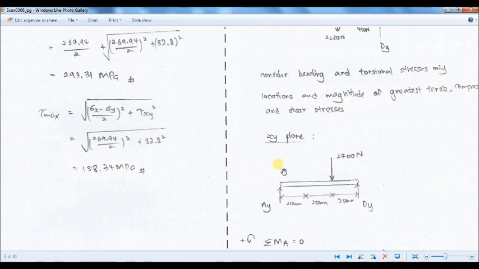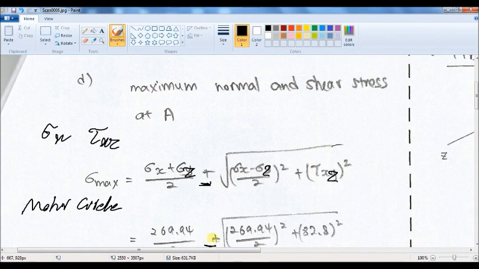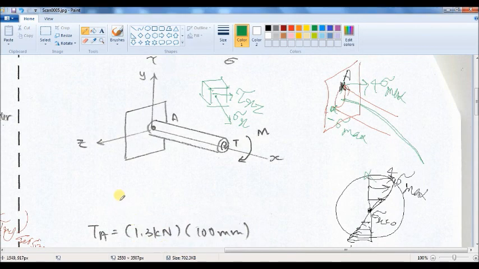Let's say that someone asked me to find the maximum stresses at location B, somewhere here. Since it is at the center of the cross section, or located at the neutral axis of the cross section, at this point B definitely sigma x is 0.